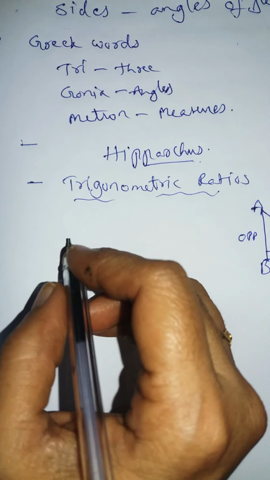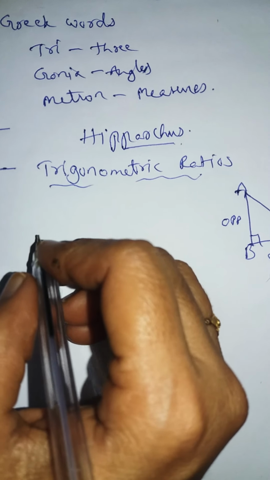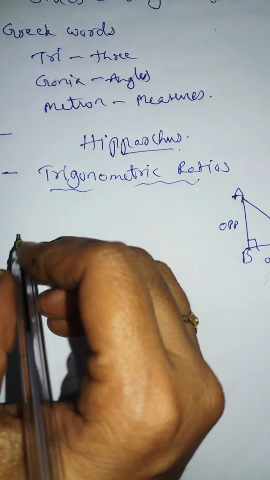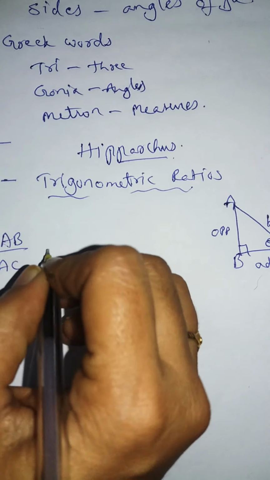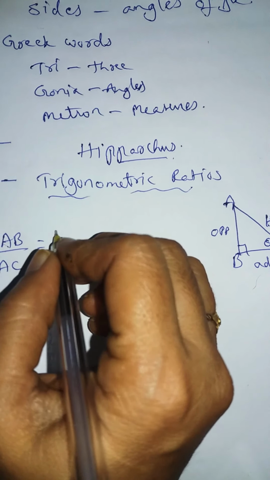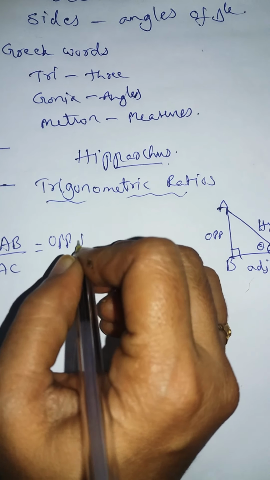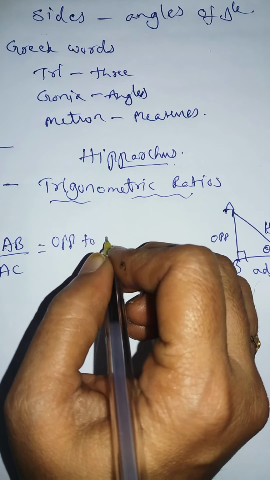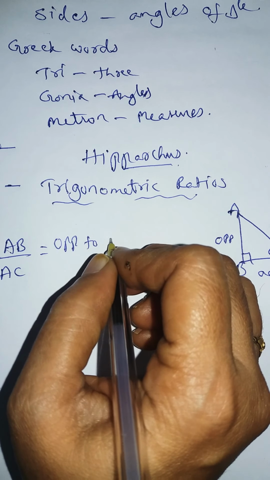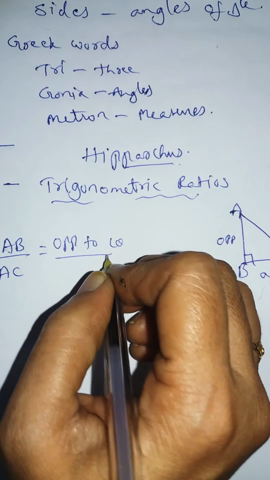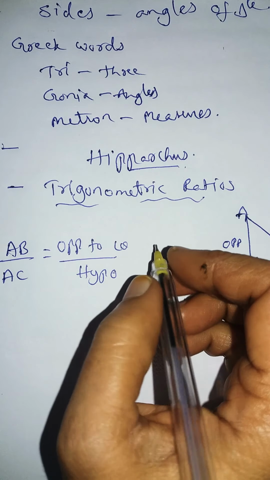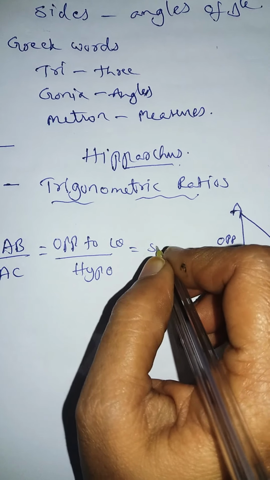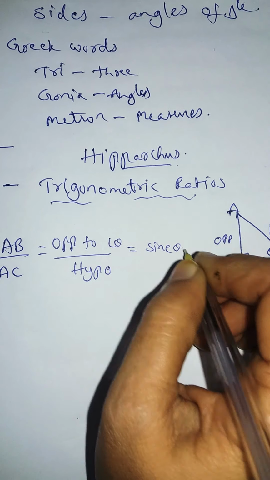Let us take the trigonometric ratios. The ratio of AB divided by AC, which is opposite to angle theta divided by hypotenuse, is called sin theta.